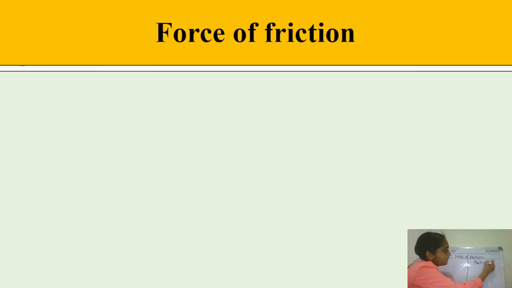Very good, students. So the ball stops. We can see that friction is involved over here, and we are able to just hold this bottle with our hand, right? It does not slip down. It could have slipped down. Why are we able to hold it with our hands? Yes, we are applying some kind of force over here also. We are in contact with this bottle, so there is friction involved, students.